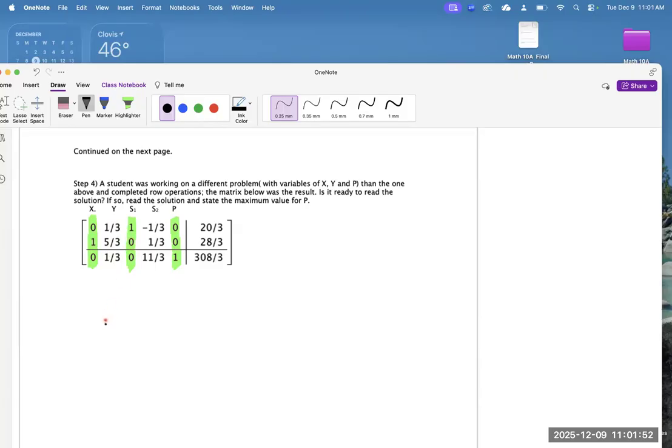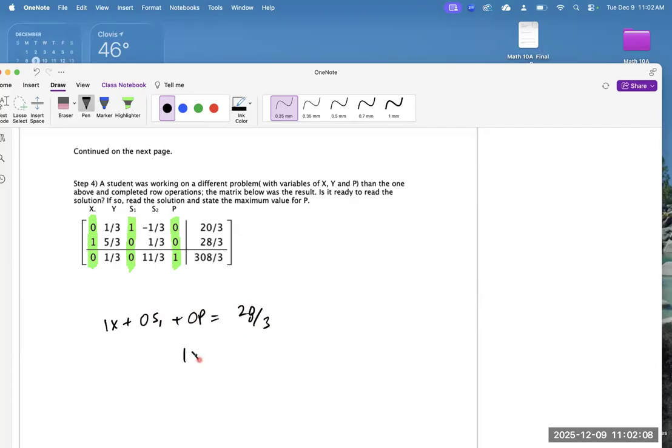So that would translate as 1x plus 0 s1 plus 0p is equal to 28 over 3. Well, 0 times s1 is just 0, and 0 times p is just 0.